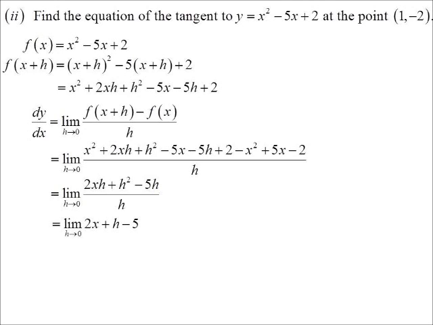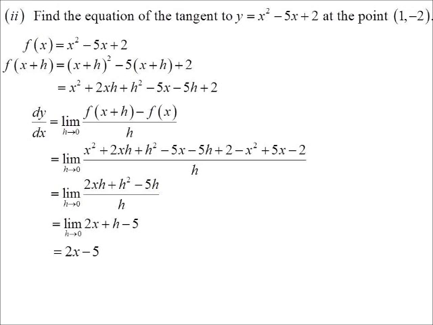And hopefully if we've done it right, we should always get a situation where the h will cancel. And we've got that here. So I've got 2x plus h minus 5. H approaches 0. 2x minus 5. Now, 2x minus 5 is not the slope of the tangent. 2x minus 5 is the formula that allows you to find the slope of the tangent.